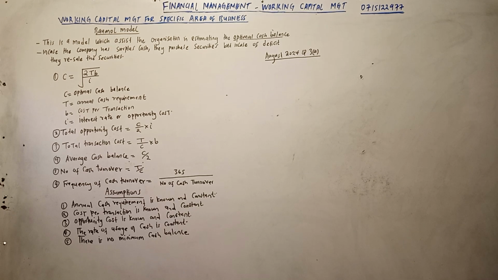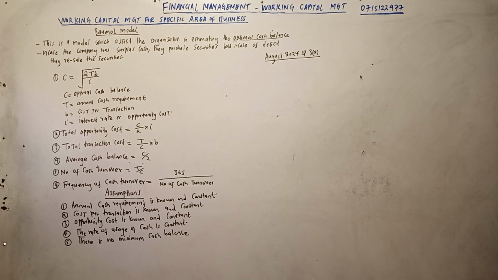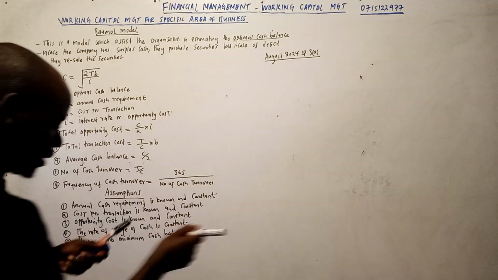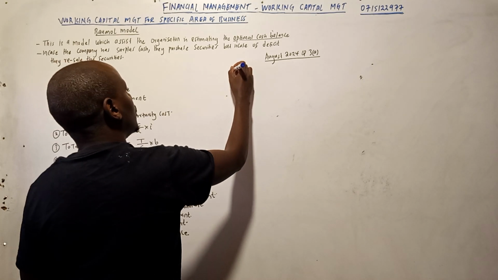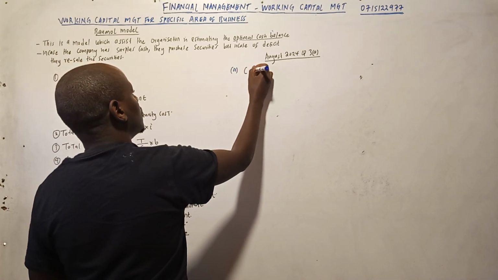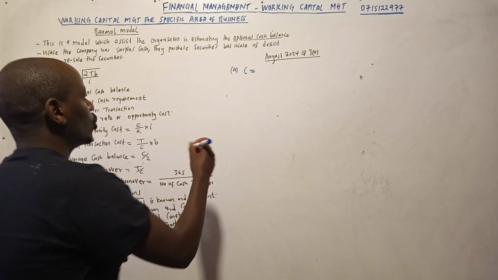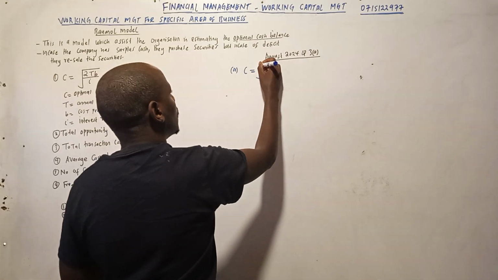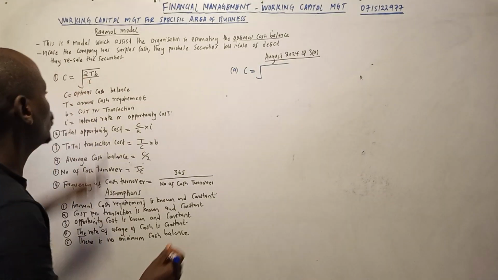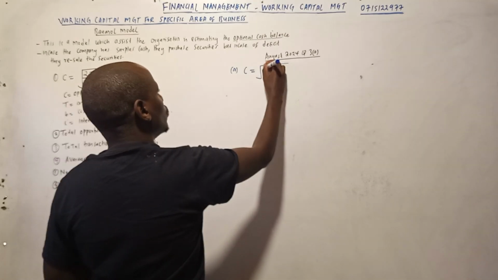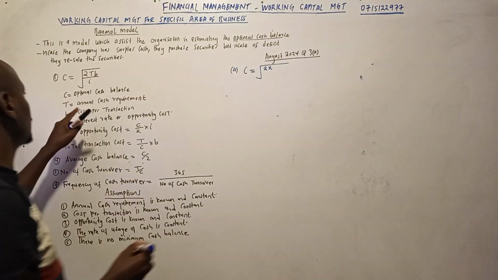Part A, we determine the optimal size of the company transfer fund from the marketable security. So the optimal size is C. Now our C is the square root of 2 times T, our annual cash requirement.